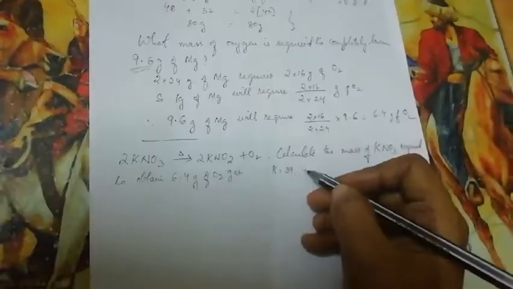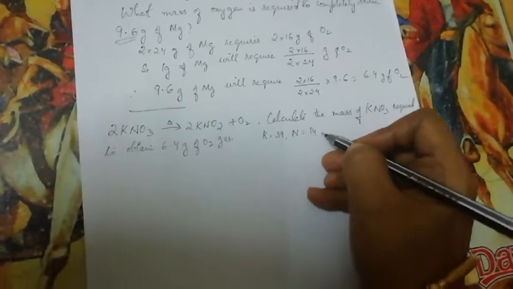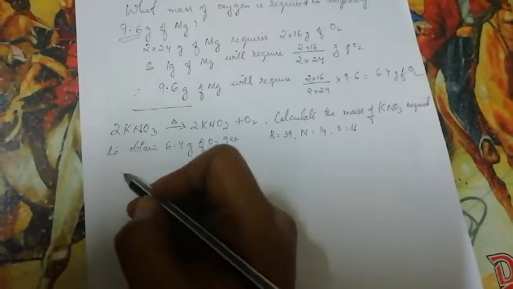Okay, potassium is 39, nitrogen is 14. Remember, these atomic masses will be given in the question. So how do we proceed?